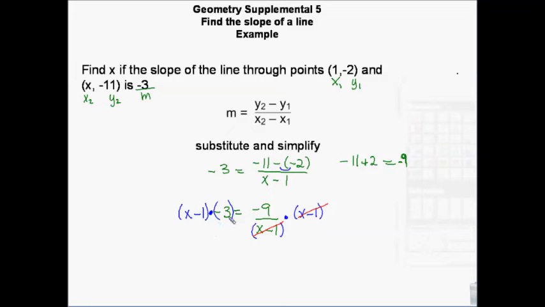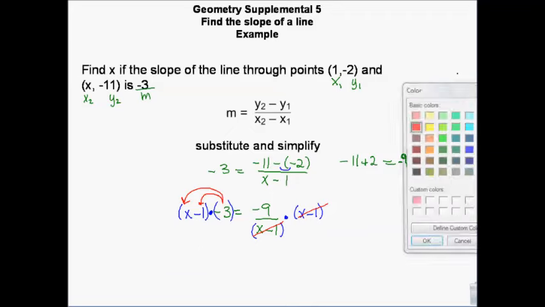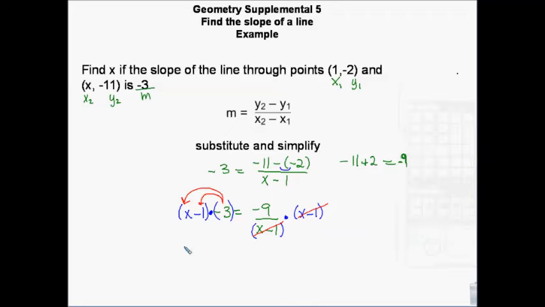These will cancel. I have -3 times x and -3 times -1. So it gives me -3x plus 3 equals -9. Then I solve this in the kind of normal way.